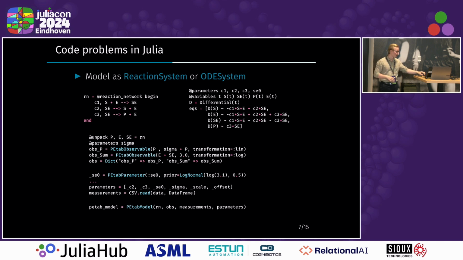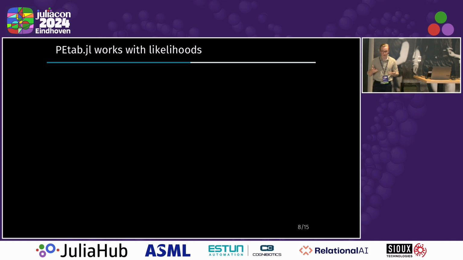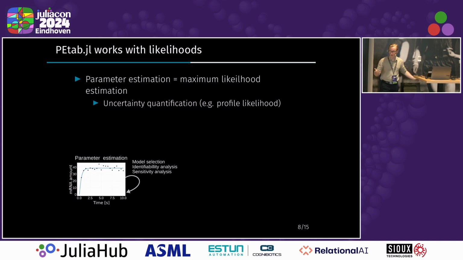Another benefit I actually consider to be quite a good benefit with the package is that it works with likelihoods, so you're working within a good statistical foundation. This means that when you are fitting your model to data, the cost function that is generated by PEtab is a likelihood function, so you're going to do a maximum likelihood estimation.